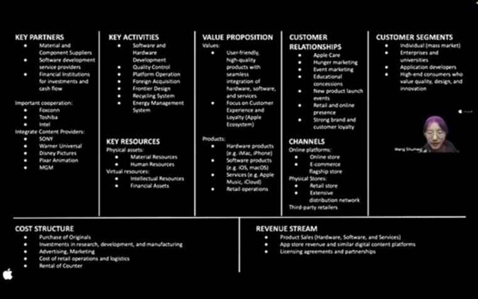And then the key resources are the resources required to run the model, including physical assets and visual resources. The cost structure can be divided into online and offline platforms, and maintaining the human cost of repairing mobile phone hardware and software development.